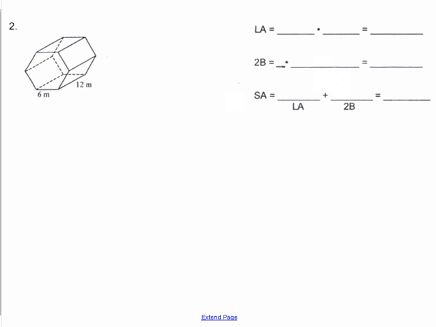Now we've got a hexagon, a hexagonal prism. So the whole thing, what we have to do is figure out the lateral area. So again, the lateral area is going to be the perimeter times the height. Well, the perimeter of this hexagon is going to be 6 times 6, because it's 6 sides.